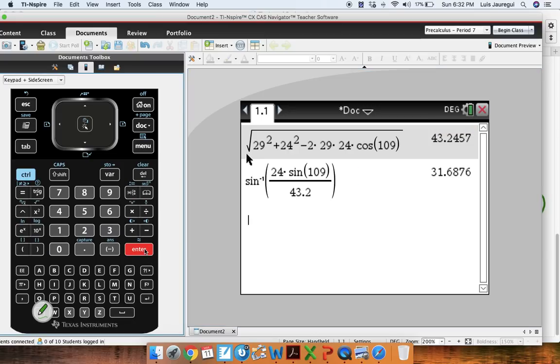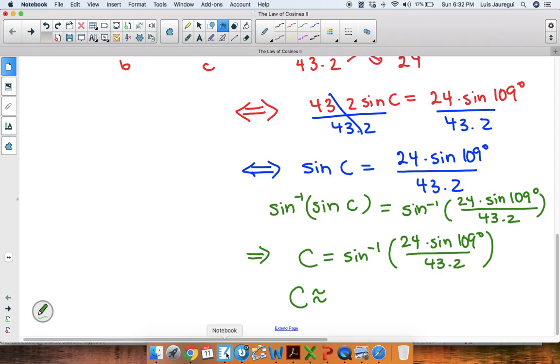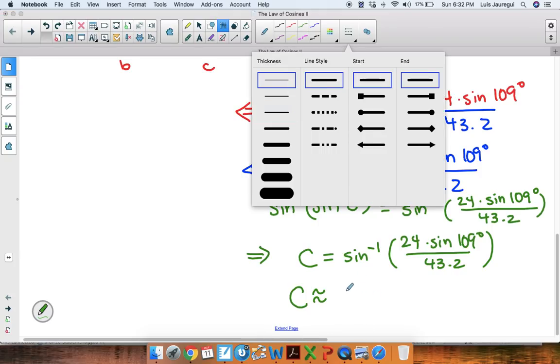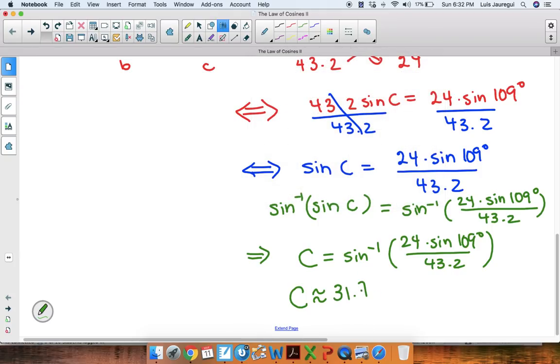And I get an approximate value of, rounded to the nearest tenth, I'm going to see here my 6 is in the tenth position, and the number next to it is an 8, which is one of the upper high values when it comes to the digits. So this is about 31.7. So going back to my document, I can say that C is about 31.7.